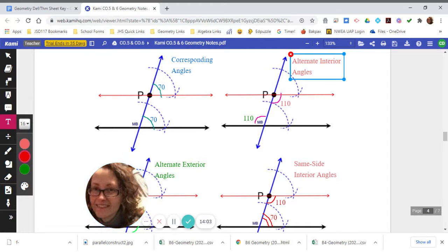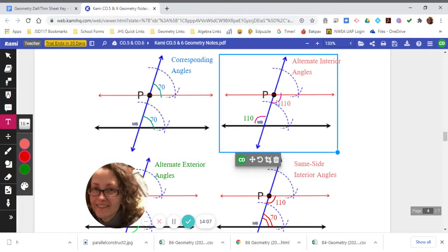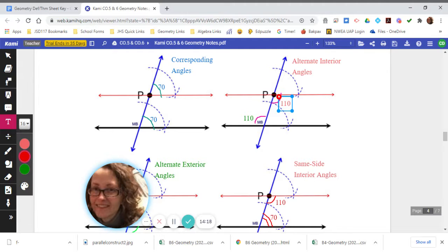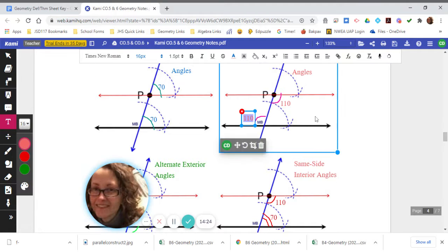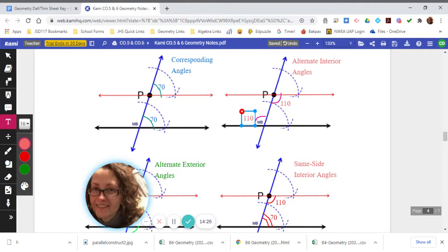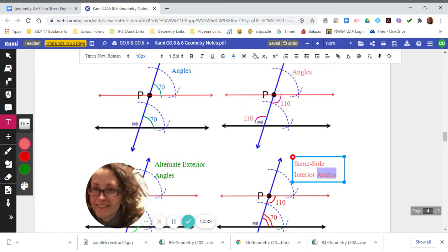Looking at my alternate interior angles, alternating sides of my transversal inside my two angles, alternate interior, I get 110 degrees for one and 110 degrees for the other. So 110 for both angles for my alternate interior.